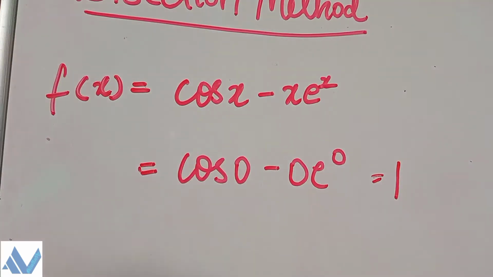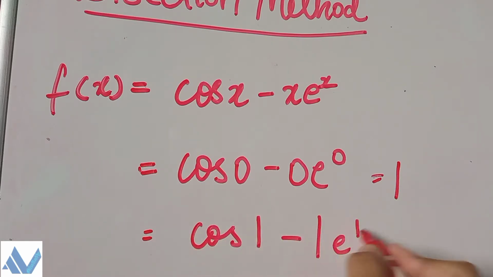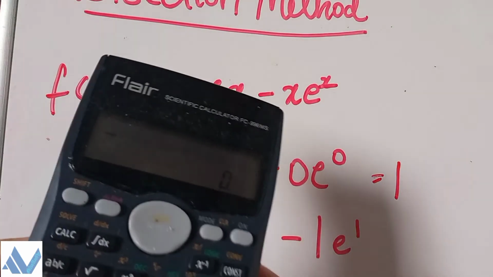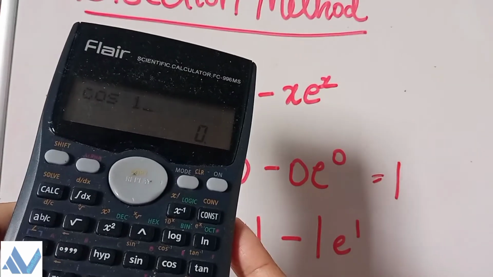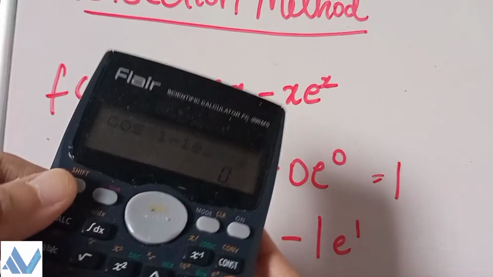Now we substitute 1, f of 1, that is cos 1 minus 1 e power 1. Same thing on the calculator. Once again, cos 1 minus 1, shift and ln, and 1.